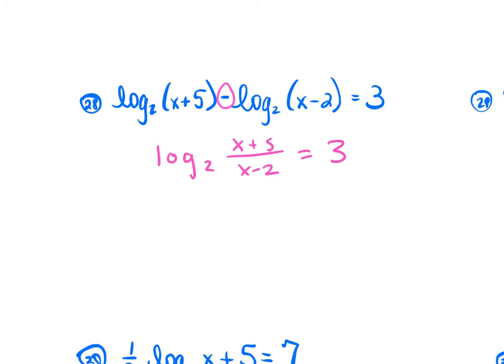Now what can we do? Put a 2 on the bottom of both sides, so it cancels. So x plus 5 over x minus 2 is equal to 2 cubed. What's 2 cubed? 8. What can we do next to solve this? Multiply x minus 2 on both sides, so it cancels.